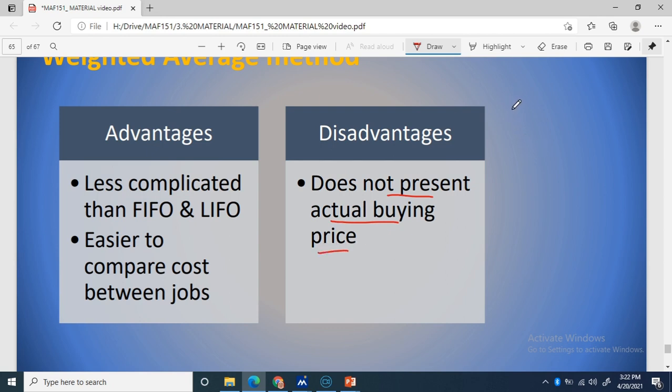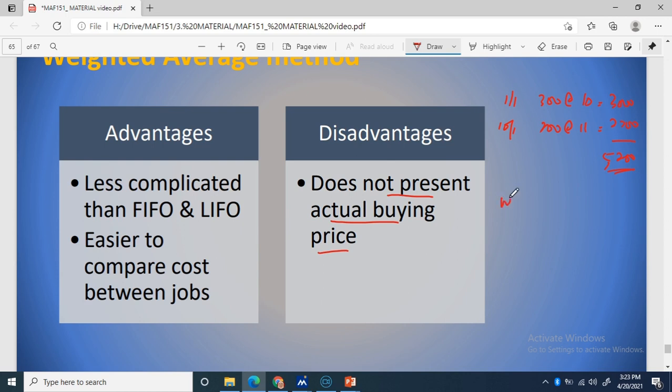Example: on 1st January, 300 at 10, equals 3000. On the 10th of January, another 200 at 11 is 2200. So your cost now is 5200.